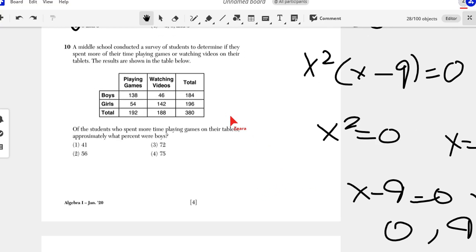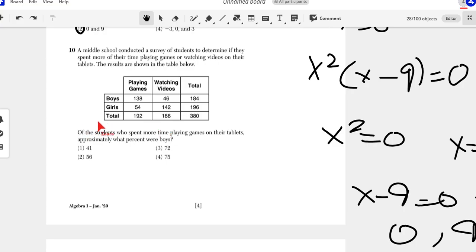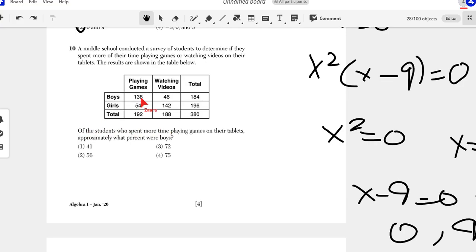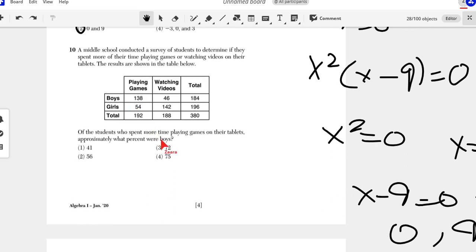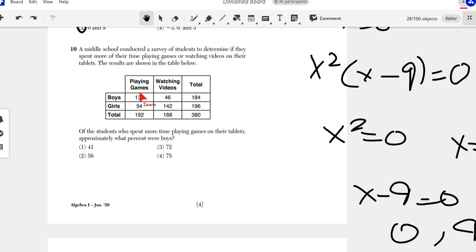Wait, no, I explained it wrong. What I meant was the total students playing games was 192, and the boys were 138.